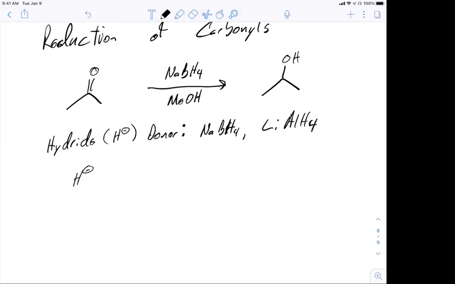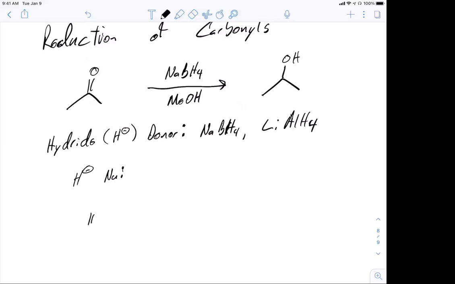The hydride is going to act as a nucleophile. We'll talk about the subtle differences and the reactivity differences between the two.